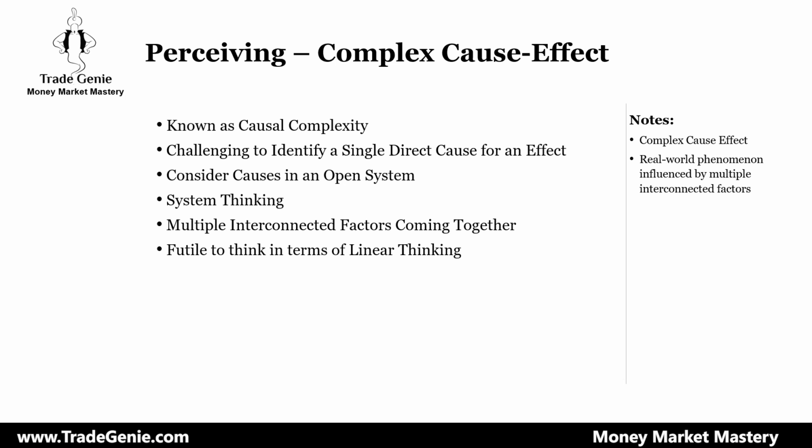Whereas the one-reason trader just opens his app, buys, and hopes that things will work out. There are multiple interconnected factors coming together, like what happened today. So it's futile to think in linear terms, that there is only one reason for this to happen.